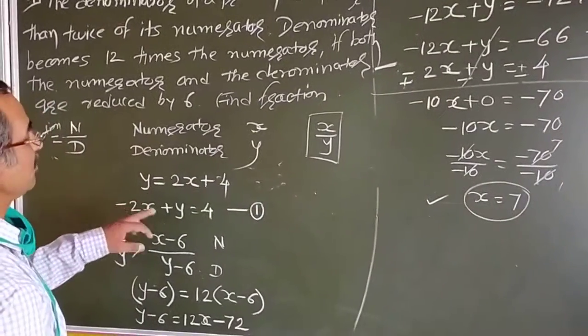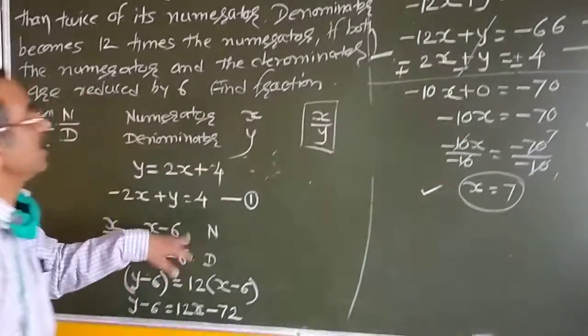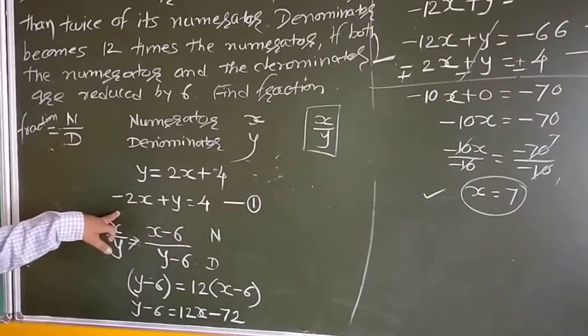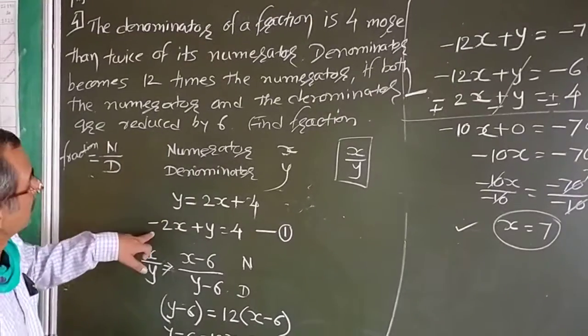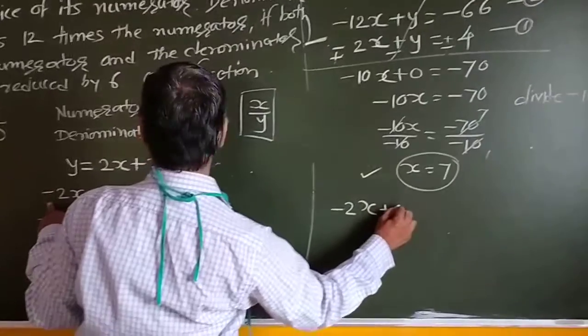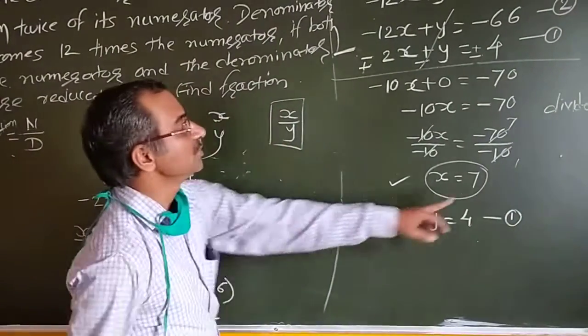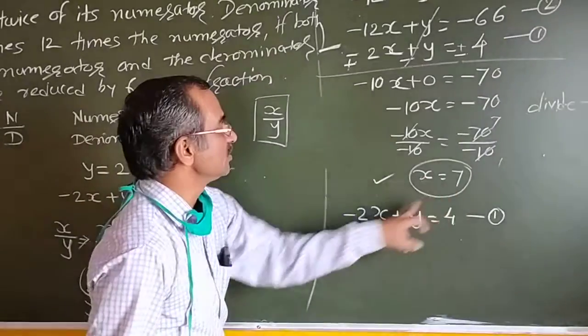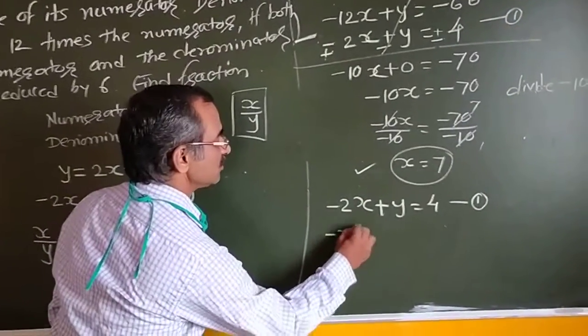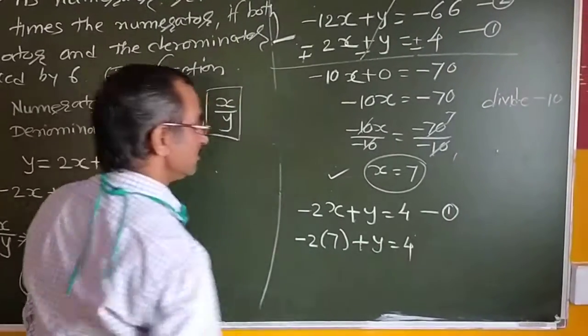We are finding the value of y by putting it in any equation as you like. Then we take equation number 1, 2x minus y is equal to minus 4. Put the value x is equal to 7 in this equation: 2 in bracket 7 minus y is equal to minus 4.